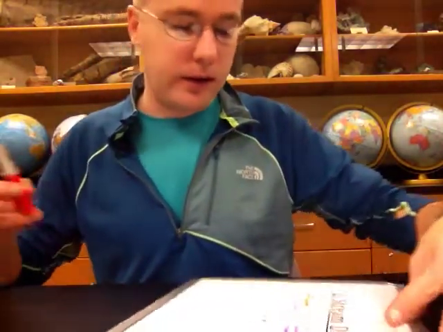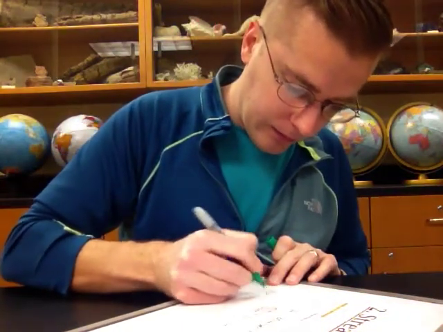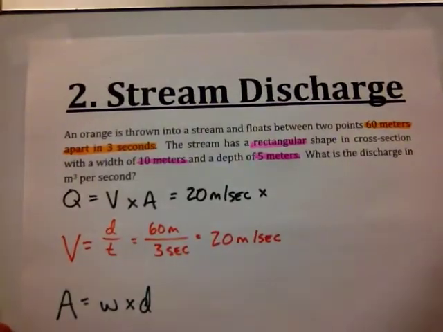So the equation that we're going to use for the area is, in terms of what we've been given, the width times the depth. Because it's a rectangle, we're going to look at the width of the stream times the depth of the stream.